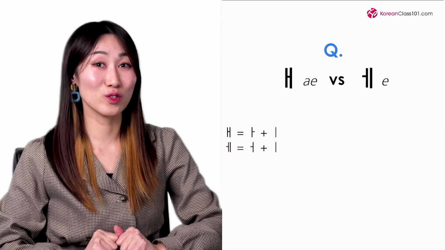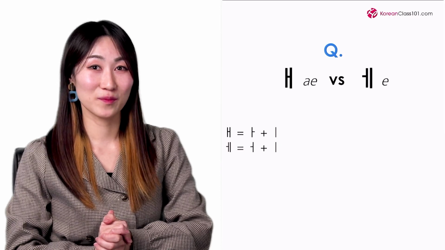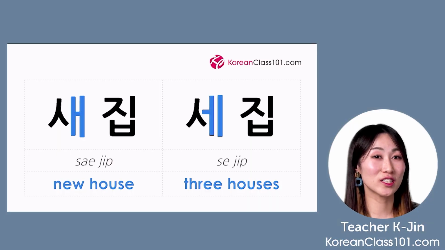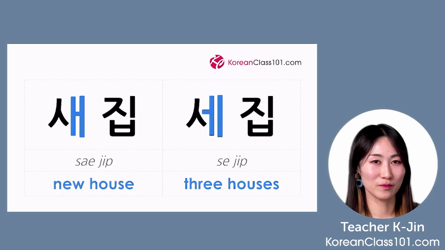So let me show you some examples. I read these words with exaggeration. First, 새집, new house, and 새집, three houses, 새집.